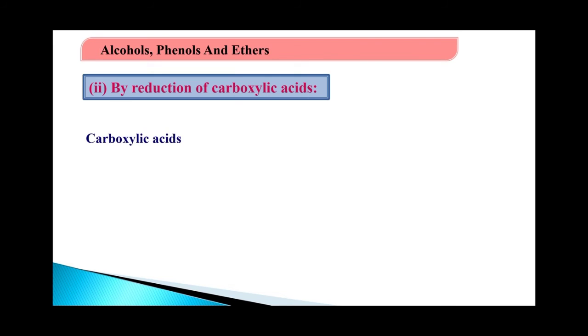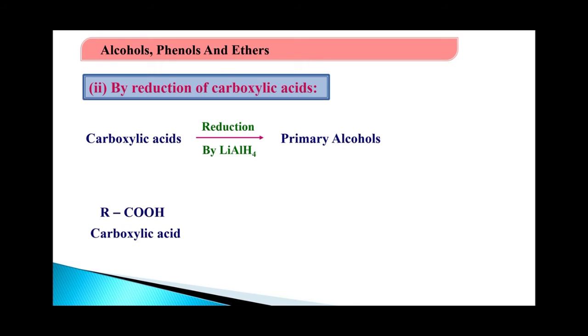Carboxylic acids, when reduced in presence of lithium aluminum hydride, because already I have told you lithium aluminum hydride is the strongest hydride reducing agent. If you are using sodium borohydride, we will not end up with the primary alcohols. If you want to reduce the carboxylic acid, we require the stronger reducing agent like lithium aluminum hydride.